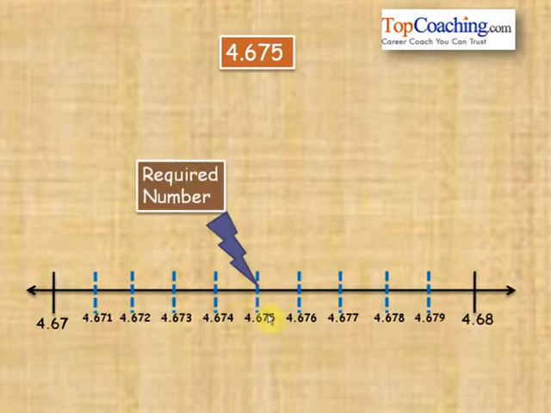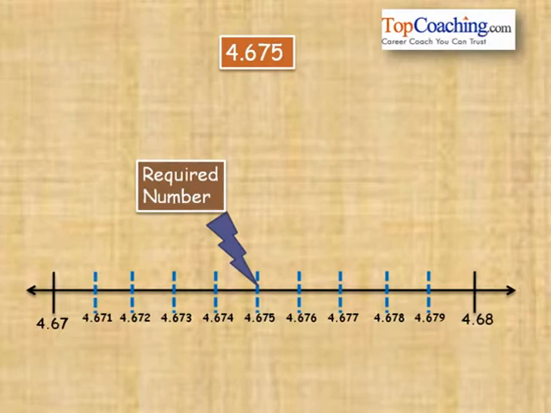Thus we have successfully represented the number exactly on the number line. What we have actually done here is we have located the required number between two natural numbers. Then in the next step we divide that interval into 10 equal parts and again try to locate the region in which the required number lies.